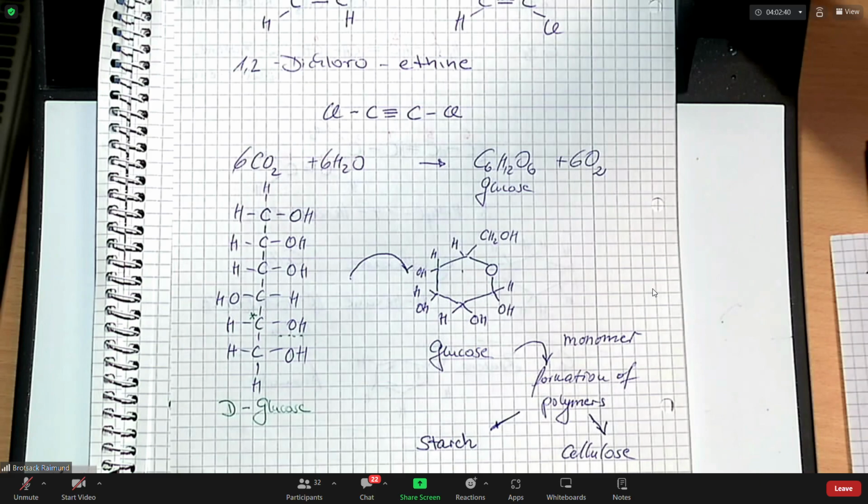Starch consists of two different molecules. One is really linear, one has a side chain. They are called amylose and amylopectin.